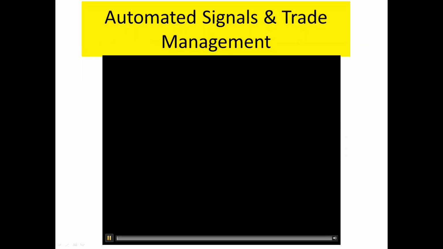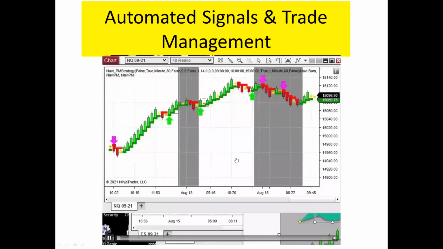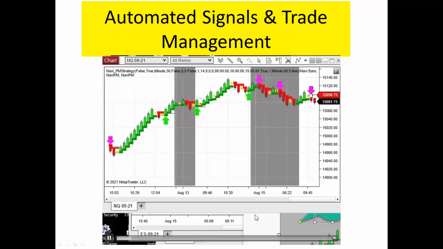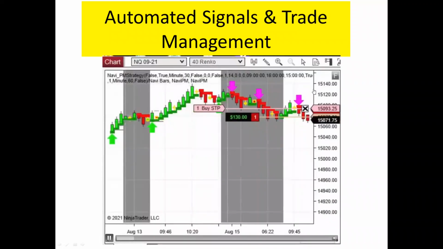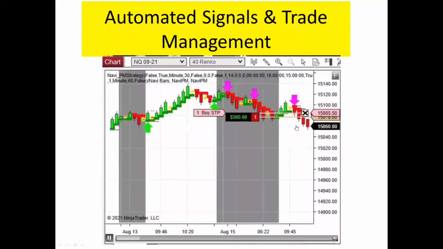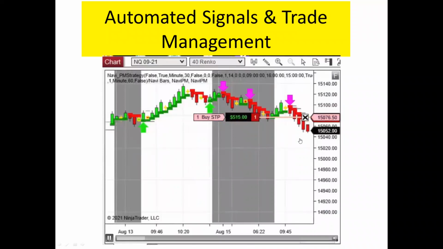All right, so what I want to show you right now is a brief video. And this chart is our NaviRinko chart. Okay, so it's going to show you a sell signal. Now in NinjaTrader version 8, we have the ability to attach an order to an indicator. Now the indicator we're attaching to is the NaviTrader NaviPM indicator.